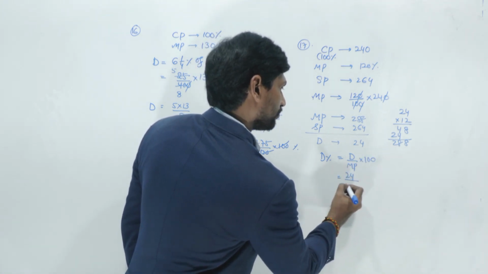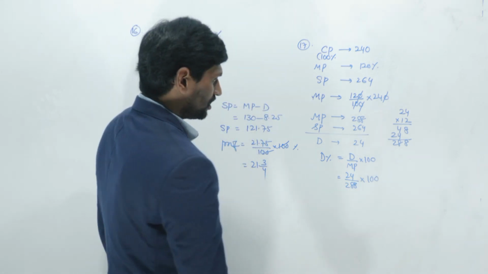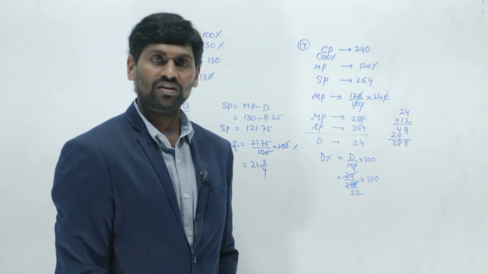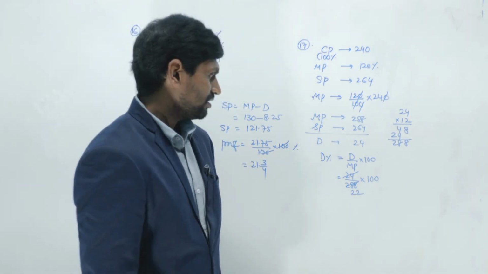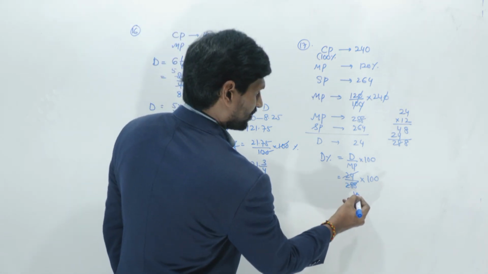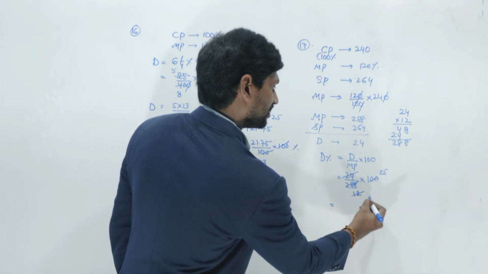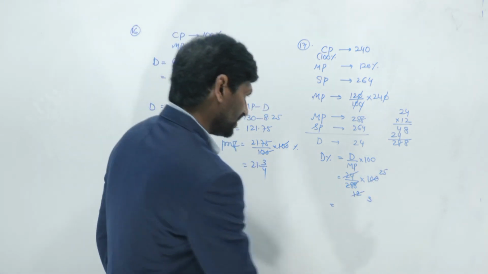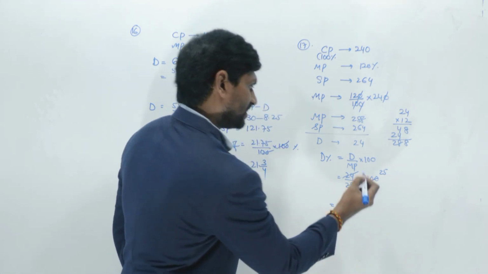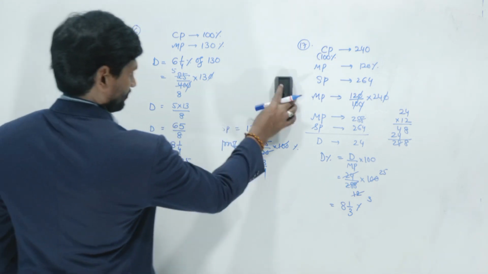So 24 by 288 into 100. 24 goes 12 times, so 100 by 12. Again cancel, 25 by 3. 8 1 by 3 percentage is discount. Do cancellation, you will get that.